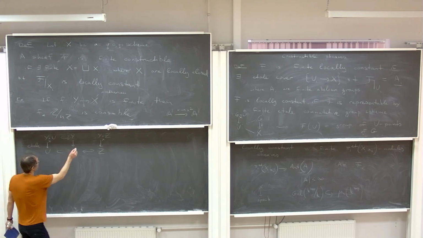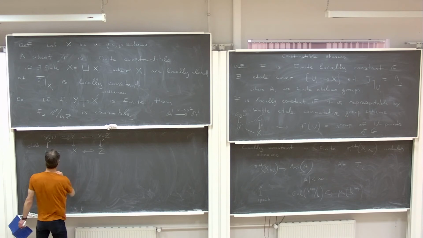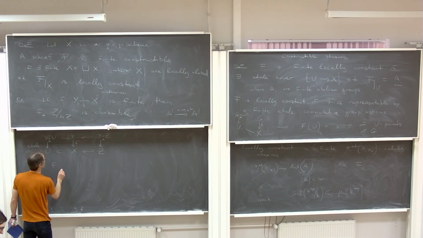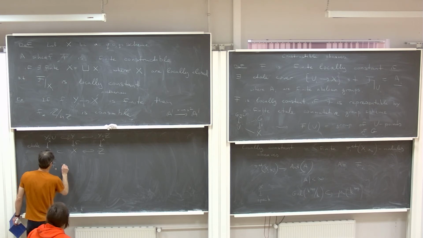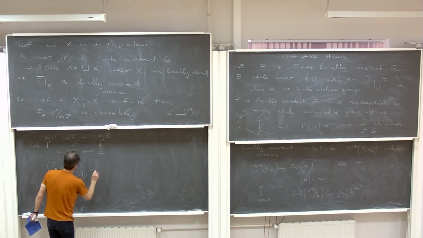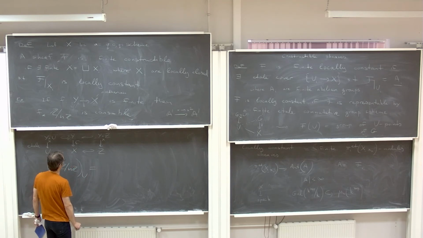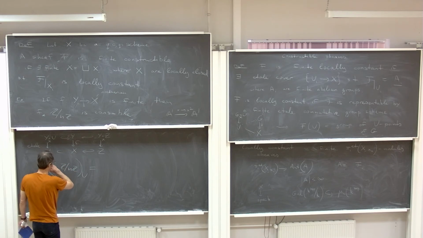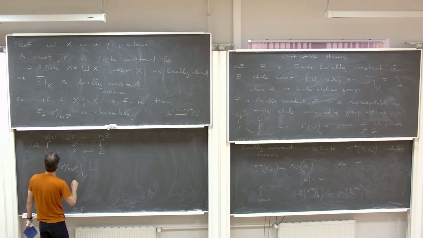А теперь я бы сказал следующее: f со звездочкой от Z по nz в ограничении на U это локальная система.